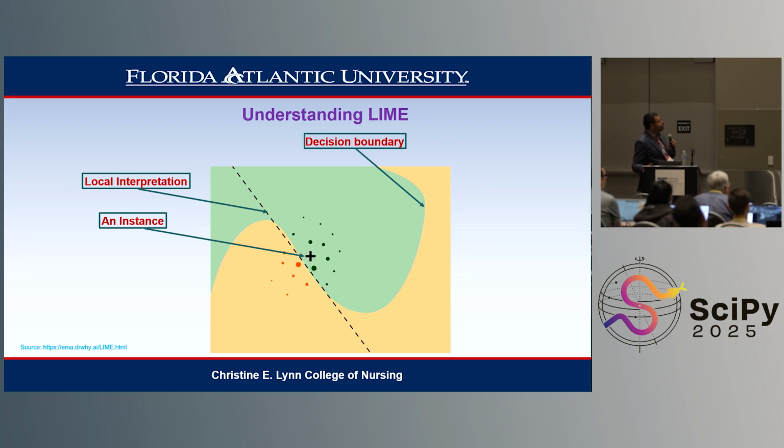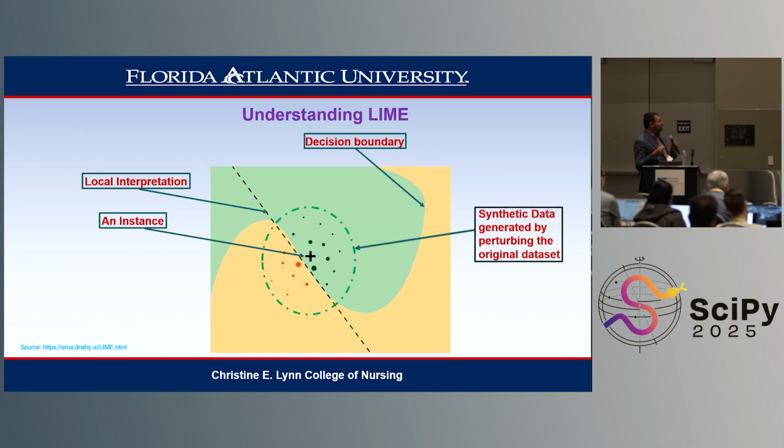What we do is try to fit a local model, a simple linear regression, because they are easy to interpret, in that boundary. You see the complete decision boundary of the model distributed over the whole data set. We don't have that picture. That's just a hypothetical situation, like this is how the complex decision boundary is. And we try to explain it with a linear regression or some simpler model for that particular instance.